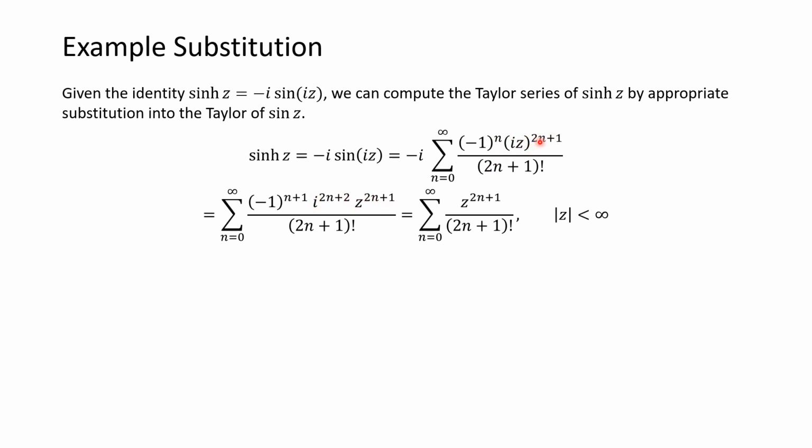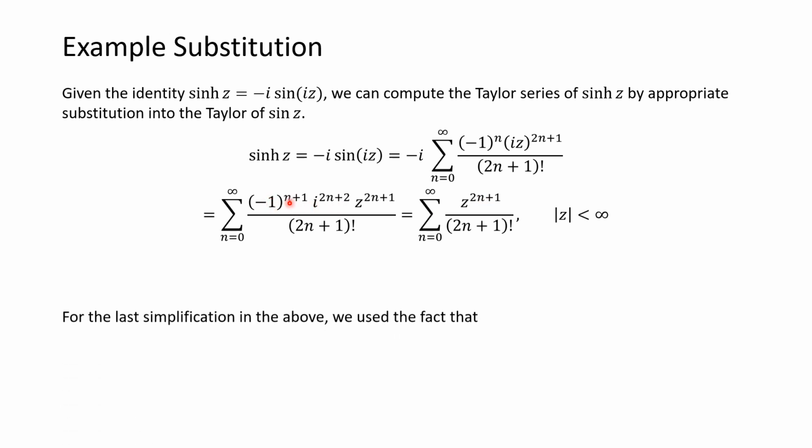Then we get z to the 2n plus 1. And then the minus 1 here times the minus 1 to the n gives us a minus 1 to the n plus 1.